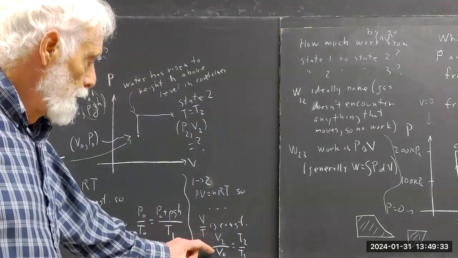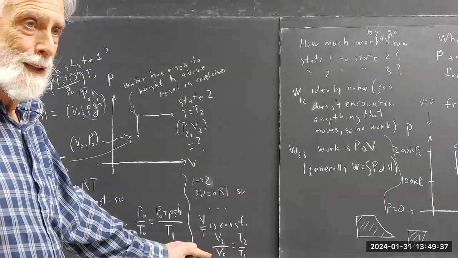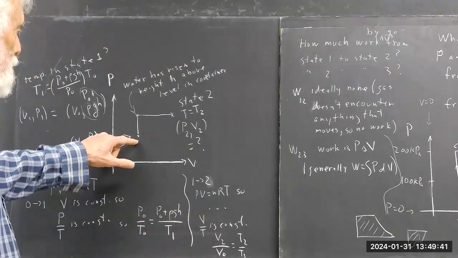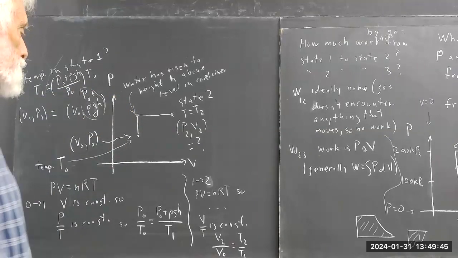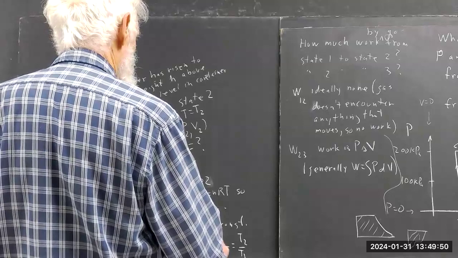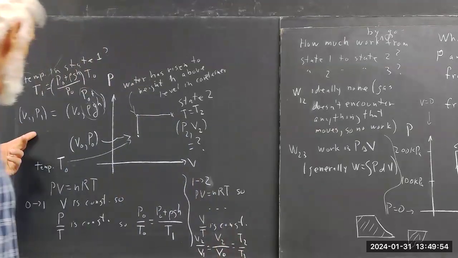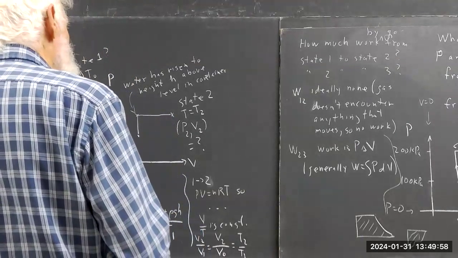No, I write V two over V naught equals T two over T one, not because I'm comparing this state to this state, but because V naught is still the volume when you get to state two, right? So I could say V two over V one equals V two over V naught, because V one equals V naught, but that equals T two over T one.